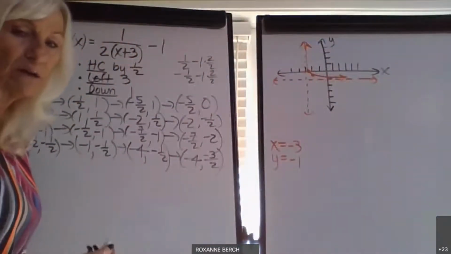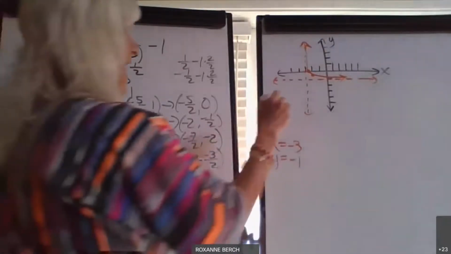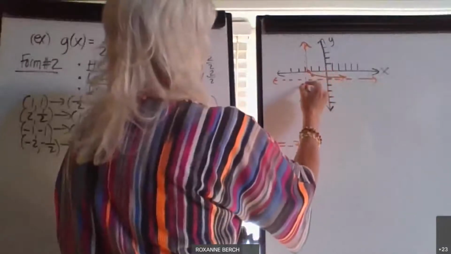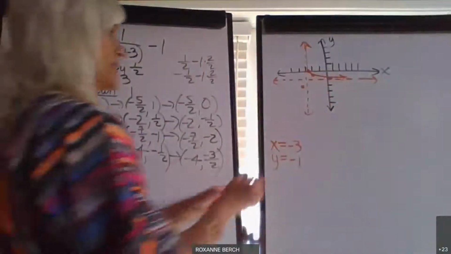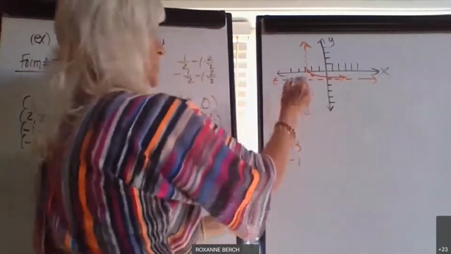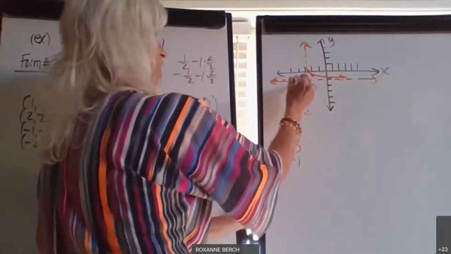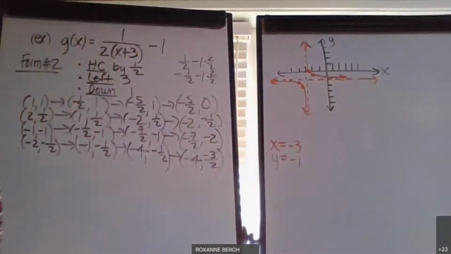Don't touch it. Okay, this would be -3.5, down 2. And this would be left 4, down 1.5. So you run this along that asymptote and you run that along that asymptote without hitting it.